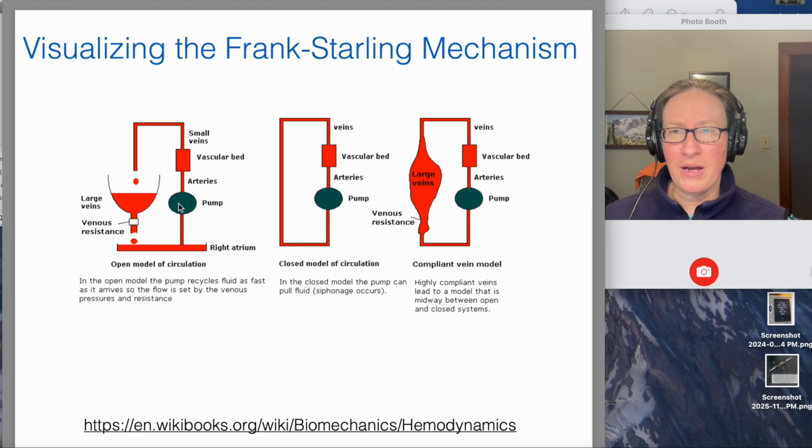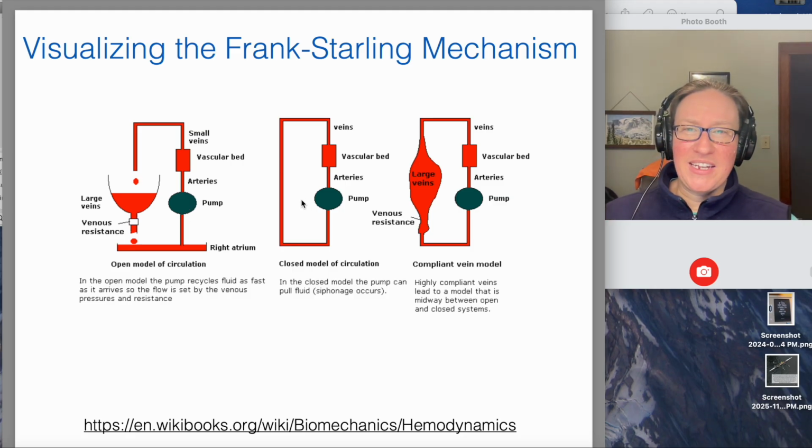Here we've got a pump pumping through the vascular bed, then we've got venous return, and this is just illustrating infinite capacity in large veins, and that return of blood to the heart is really controlled by the extent of venous resistance. When at rest, resistance is going to be higher. That's going to slow the return of blood. When exercising, resistance will drop, and that will lead to a faster return of blood to the heart.